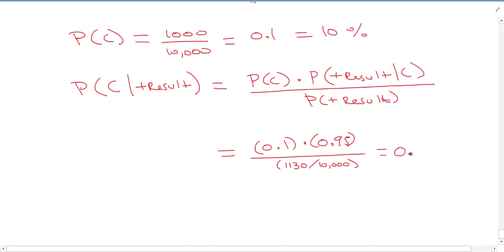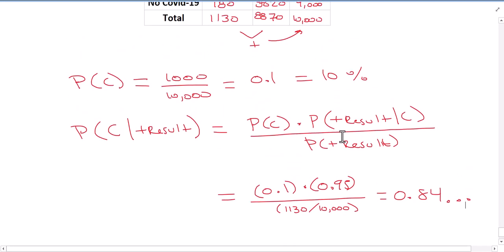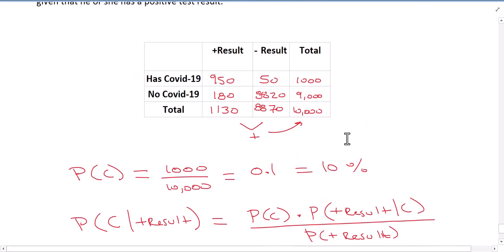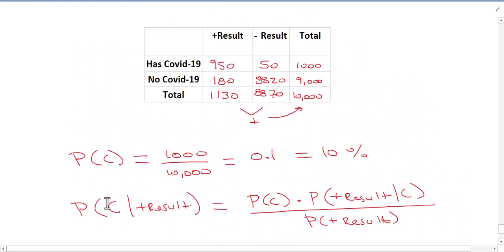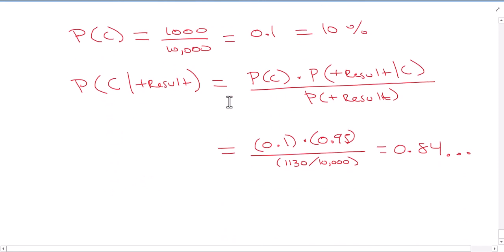So we should get 0.84 something. So that's using Bayes' theorem. But organizing it with the table, I can just say the probability of having COVID, given that it was a positive result, will be 950, has COVID and positive result, out of 1130.